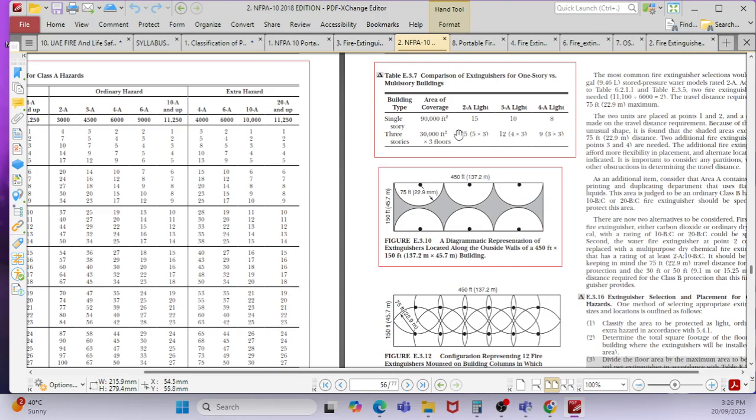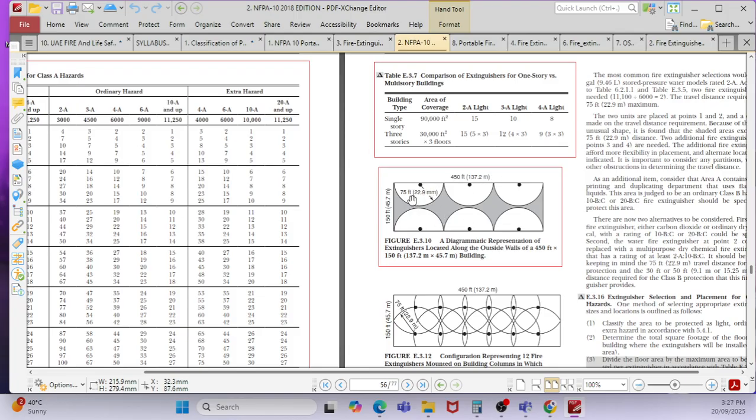And also you can see a single story building, 90,000 square feet coverage area, how many extinguishers are required. If it is 2A, 50 numbers, 3A, 10 numbers, 4A, 8 numbers. And you can see the coverage area.